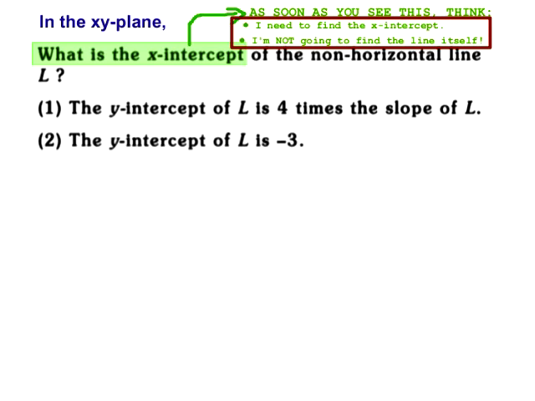Same sort of thing in general. When you see data sufficiency problems, you should just think this. If you see, what is the 10th digit of the number n, you should think, I'm going to find that digit, and I'm definitely not going to find n. Definitely, definitely, definitely.